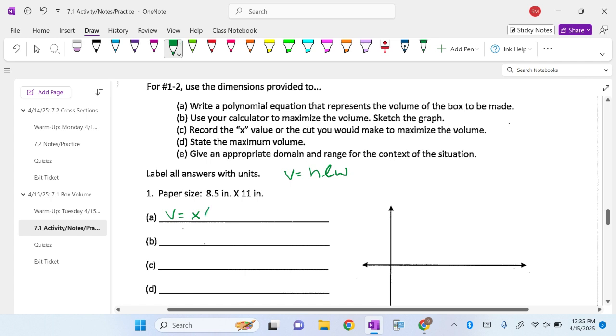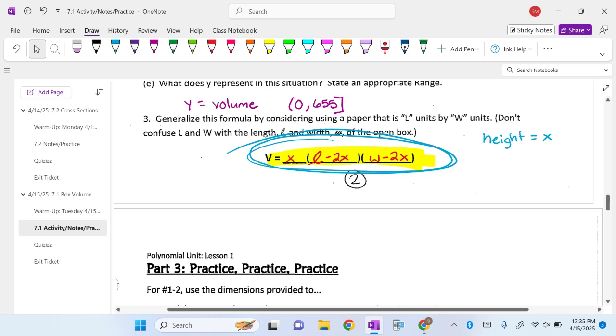Now, what do we use to represent the new length? How do I find the new length if I take out an x by x box? What does this formula up here say for me to do?